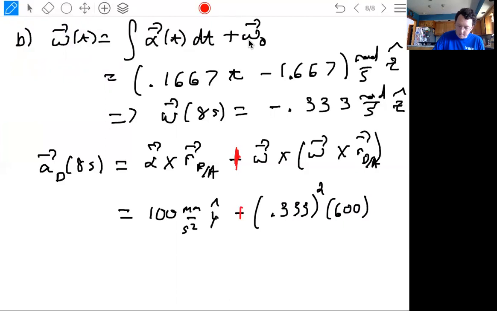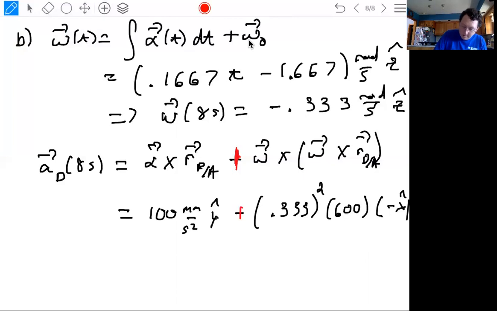So that'll be times negative x hat. So make sure I did my math earlier correctly. I'm going to get 0.333 squared times 600. Yeah, it's the same. I think I just had a transcription error in my notes.